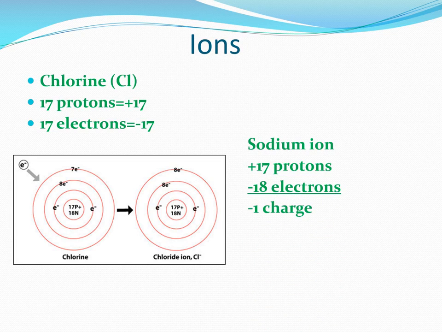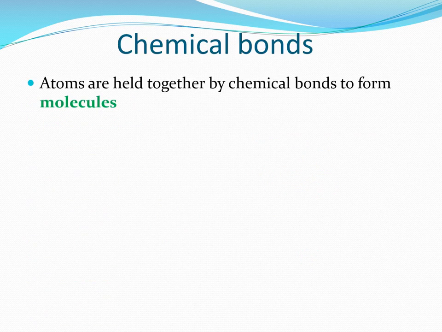Sodium and chloride come together and they share, and the sodium gave up its electron, and the chloride is going to take that electron. Okay, and you can see that chloride is often written as -1 because it has that extra electron in the outer shell. So let's talk a little bit about what happens when the sodium that's +1 has the ability to grab one of the electrons from our chloride.